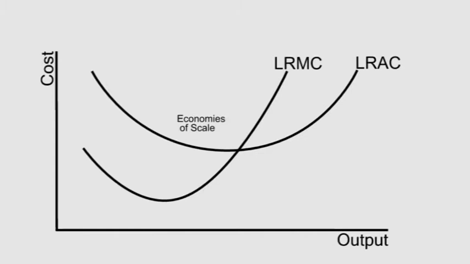As the scale of operations increases and we take on more capital and more labour, average costs tend to fall. When average costs begin to rise, it's because of what we call diseconomies of scale. There are certain things which mean that as output rises to a high level, it begins to cost more and more on average to produce this output.